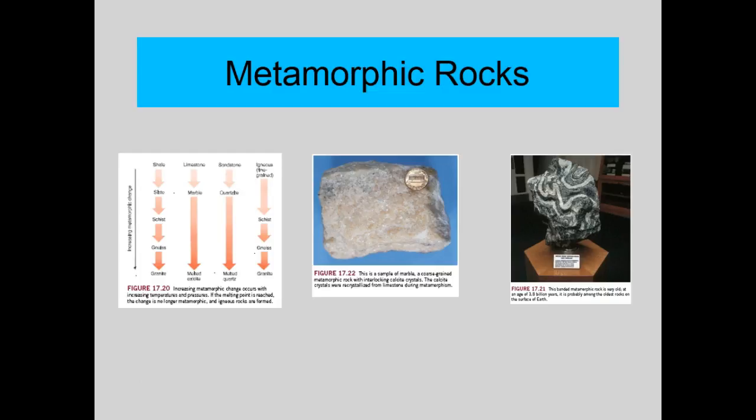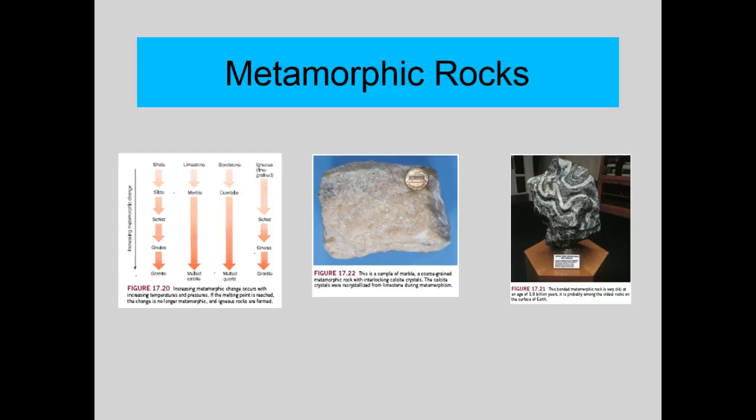But marble is coarse grain, metamorphic rock, with interlocking calcite crystals. These bright-looking crystals you see are basically calcite crystals. They are interlocked because they've been fused together by all that heat and pressure. Calcite crystals were recrystallized from limestone during metamorphism and formed bigger crystal size.